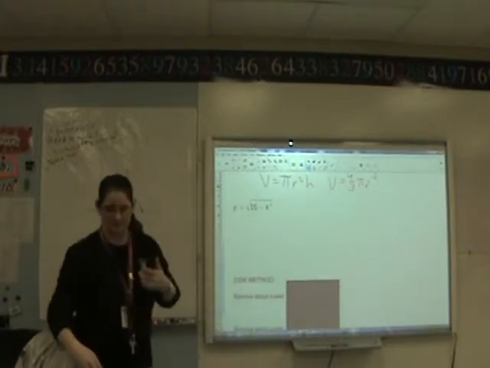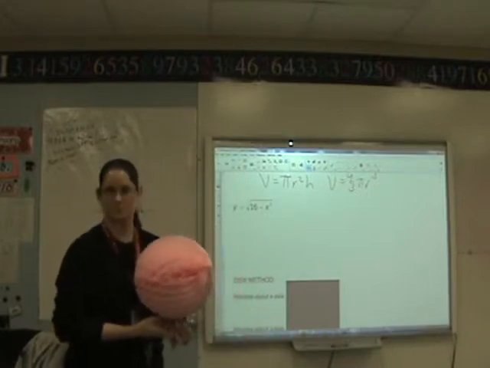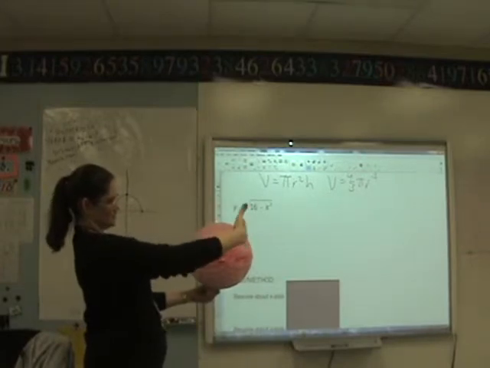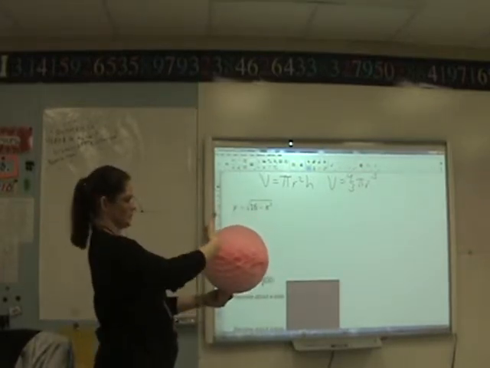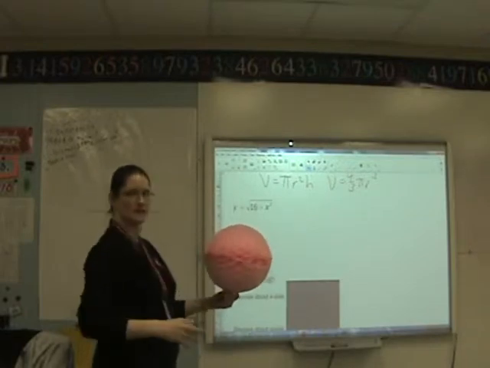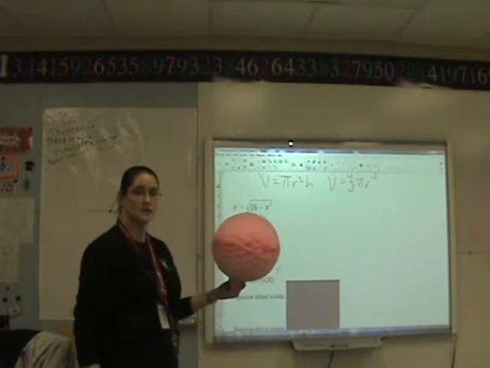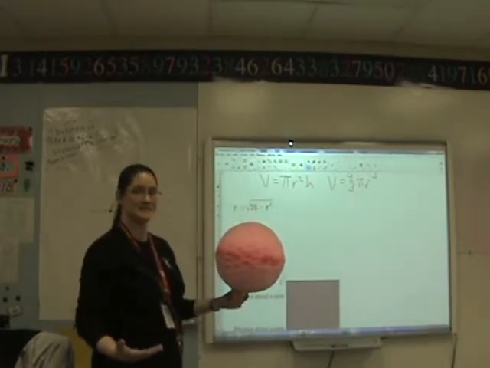So the idea with the sphere, think about it kind of like the prism. If I take it and start cutting and slicing it up into an infinite number of slices, what's one thing that all these slices are going to have the same? Slice it up, slice it up, slice it up. They're all going to be circles, but are they all going to be the same size?